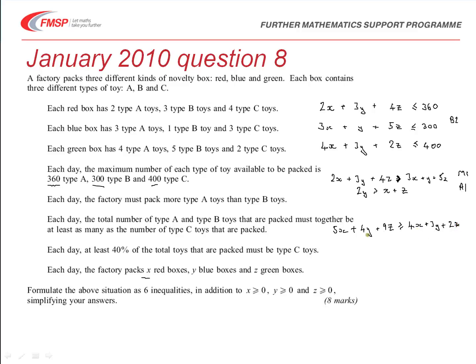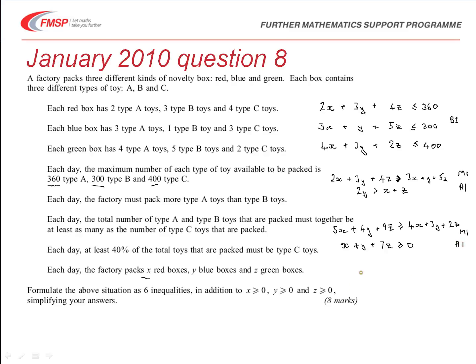If we rearrange that, we will end up with x plus y plus 7z is greater than or equal to 0. So once again, you'll get a method mark for setting up the inequality and then an answer mark for the simplification of that.